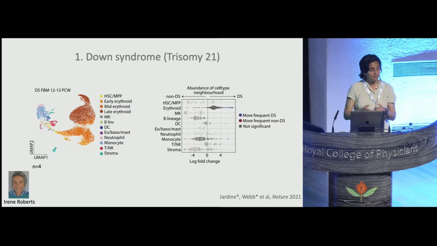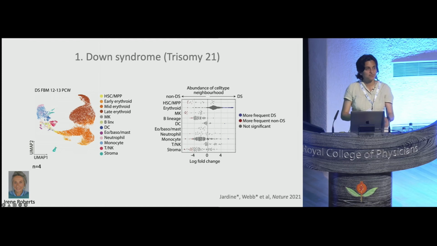And one of them being Down syndrome, a chromosomal alteration, whereby you have trisomy 21, so 3 copies of chromosome 21. And this chromosomal alteration results in altered hematopoiesis and also the potential of developing megakaryocytic myeloid leukemia in infants and also during early development.